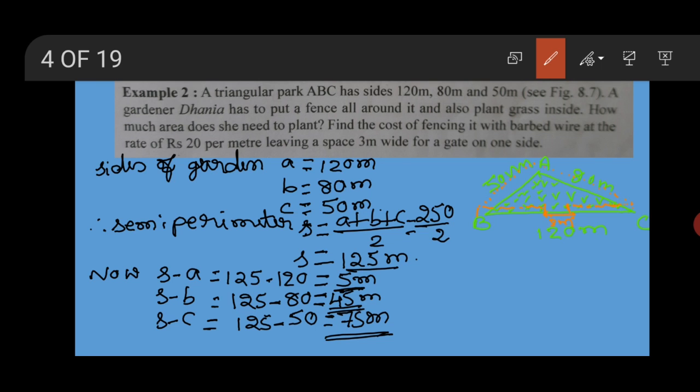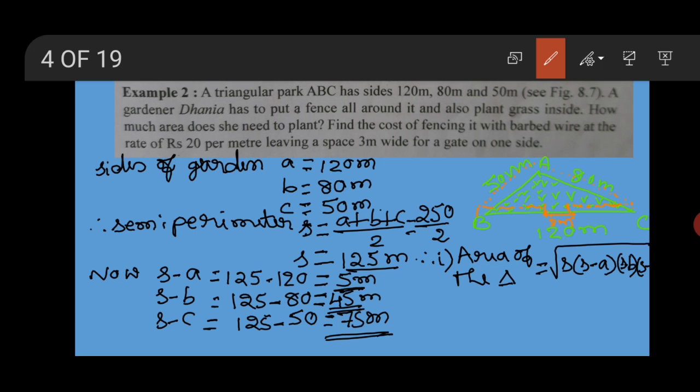Now s, s minus a, s minus b, s minus c are known. Therefore, find its area. Number 1, area of the triangle. The formula is what? Square root of s into s minus a into s minus b into s minus c.